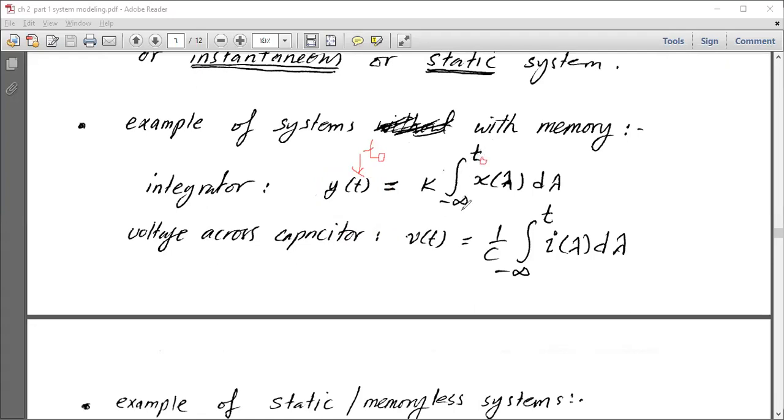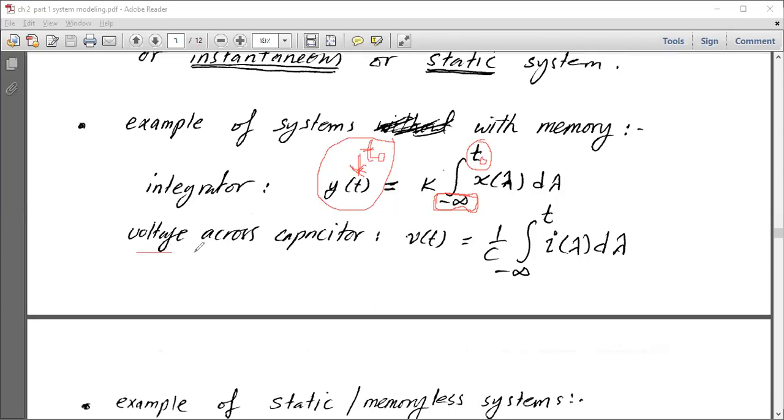You take the past record, you need the whole past record from minus infinity to find the present value of the output. So you take the past record of the input plus the present, x of t node, and in addition you take the previous record or the past record to decide the value of y of t at t node.